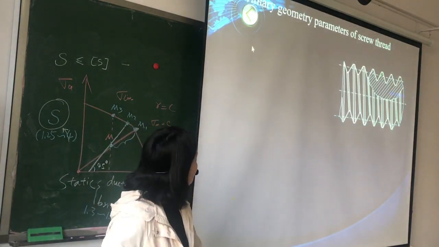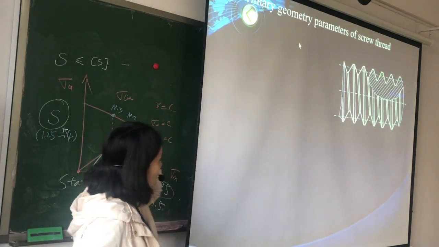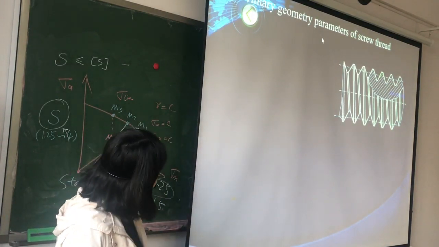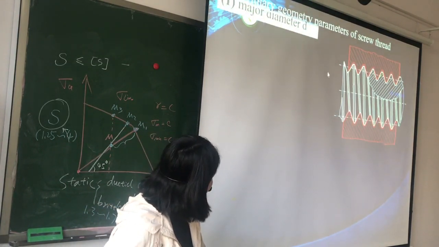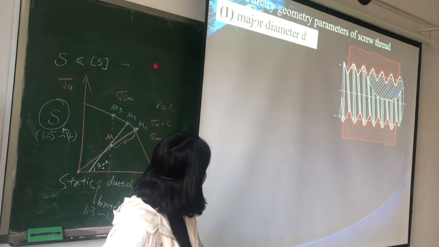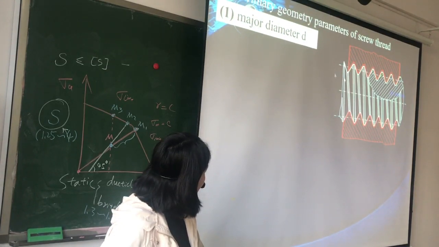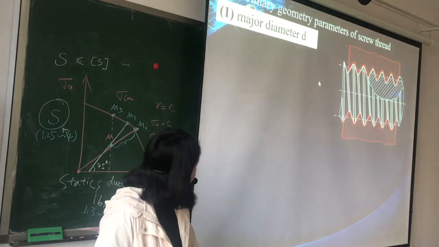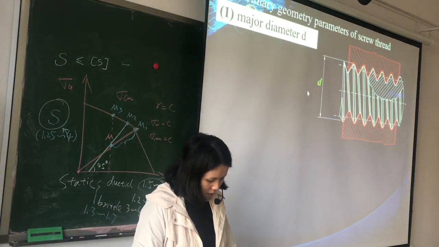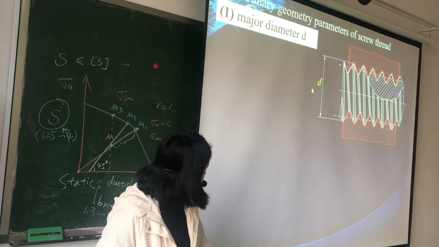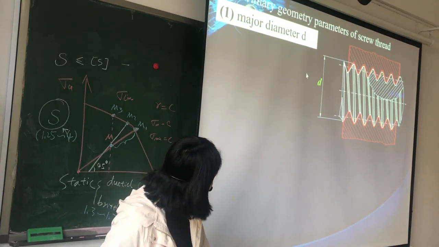The primary geometric parameters of screw thread. One is the major diameter D, which is the largest diameter of the screw thread.